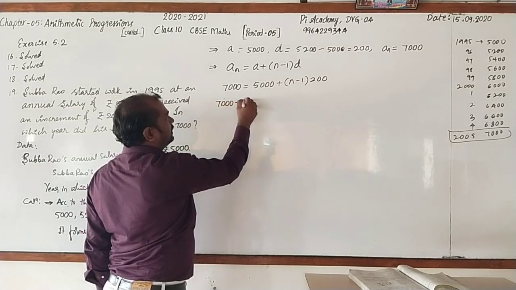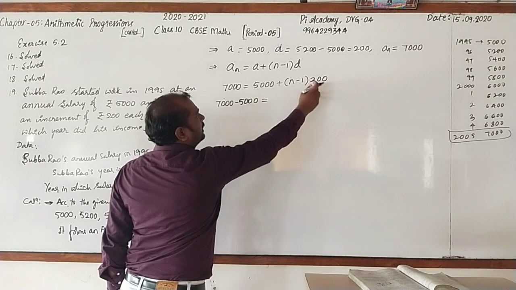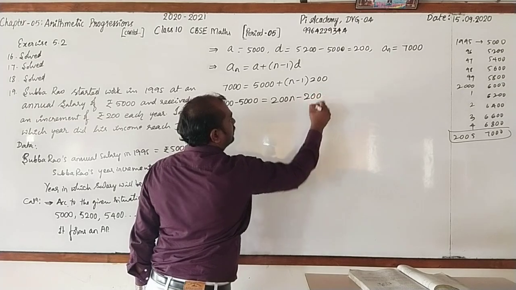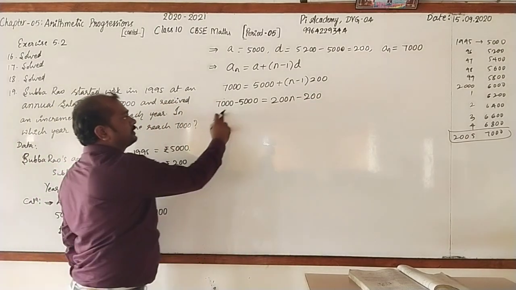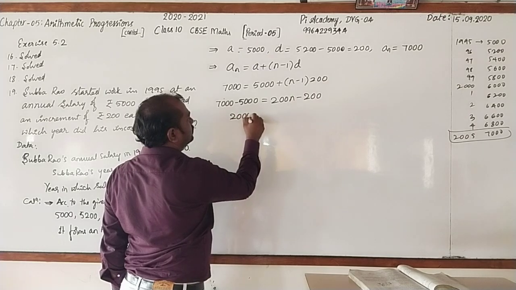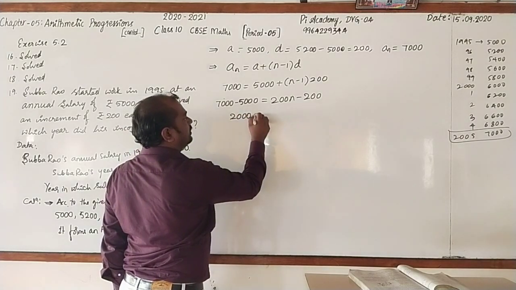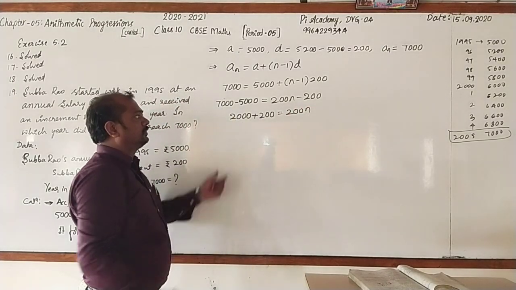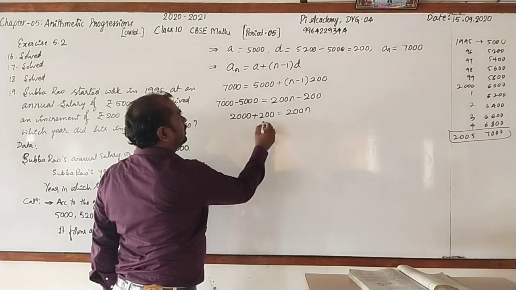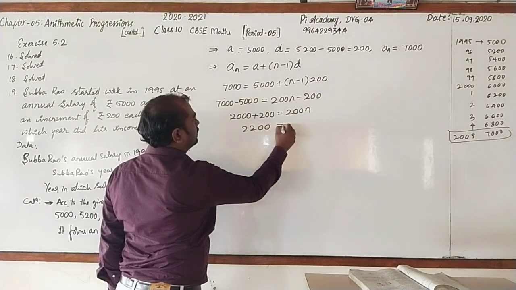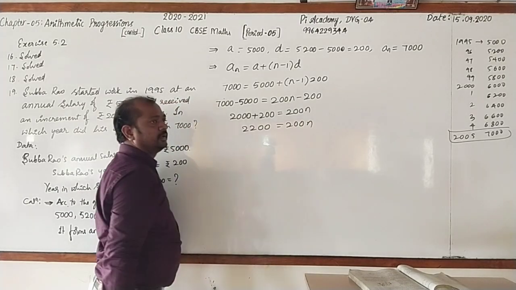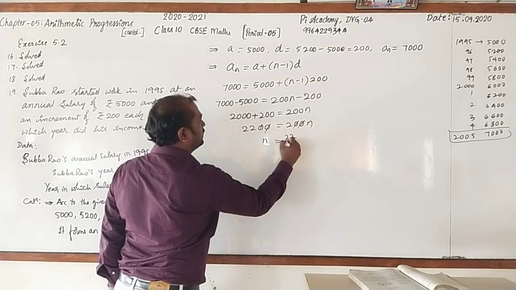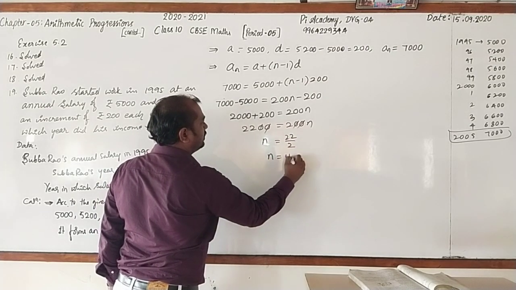7,000 minus 5,000 is equal to, multiply 200 with both the terms, 200 into n minus 200 into 1, that is 200. 7,000 minus 5,000 is 2,000. Transfer that to the left hand side: plus 200 is equal to 200 n. 2,000 plus 200 is 2,200, equal to 200 n. Then the zeros get cancelled. n is equal to 22 by 2, n is equal to 11.